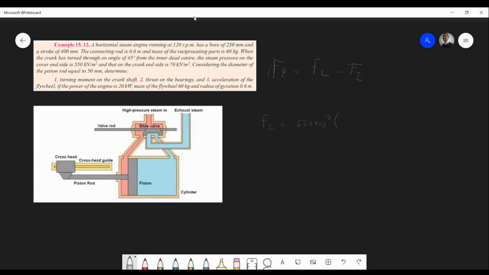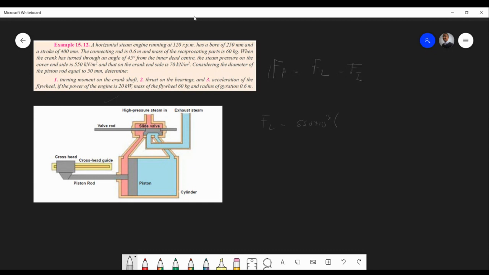So we have two different diameters you have to be aware of in this case. Like in a double acting one, typically there's one diameter, but in this one they're obviously hinting that the piston rod is equal to 50 as well.